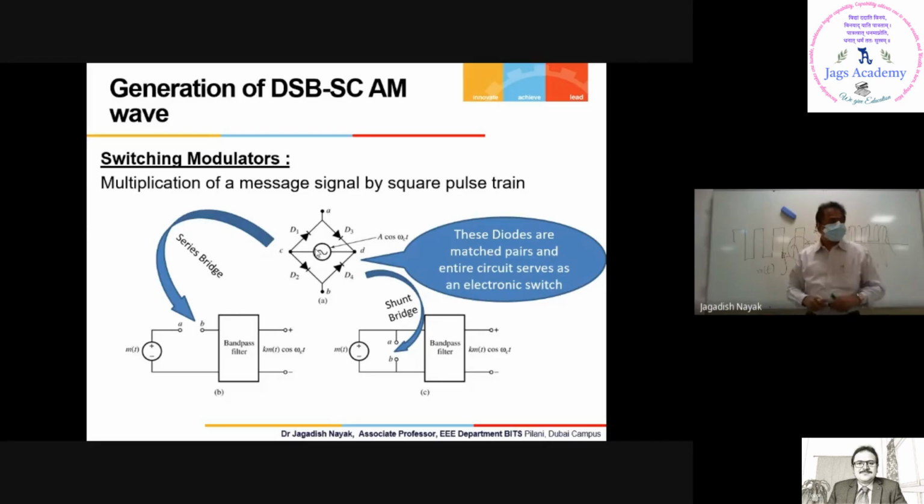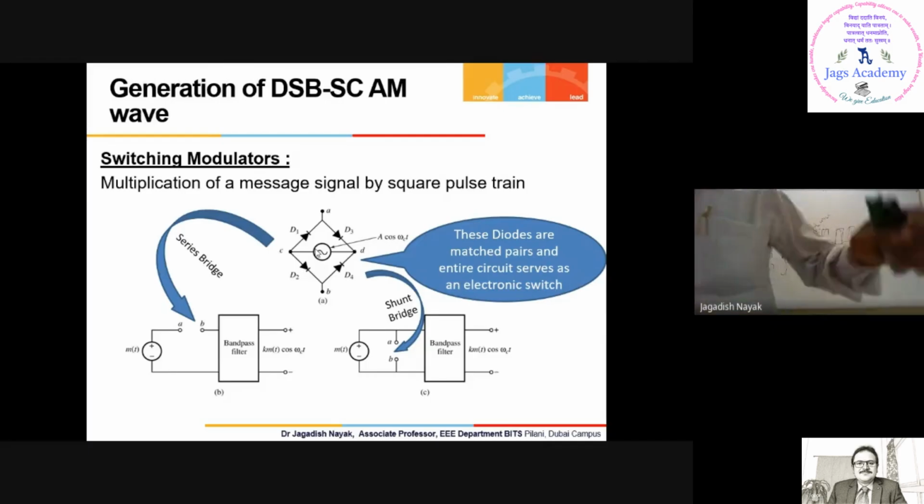Why multiply m of t with the square wave? Because the square wave can be represented using a Fourier series expansion. What is the Fourier series expansion of the square wave? That's why I told you to see the Fourier series.